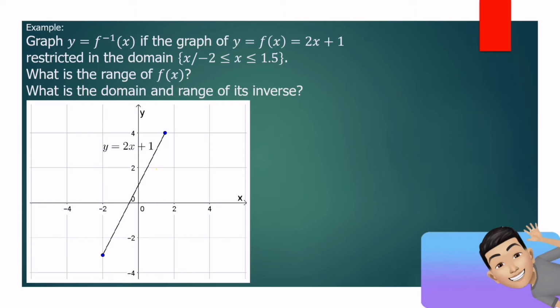Kasi papasa siya kay vertical line test at saka horizontal line test. Vertical line test, automatic function siya. Horizontal line test, magiging 1-to-1 function siya. Yun yung nag-check kung 1-to-1 function siya.